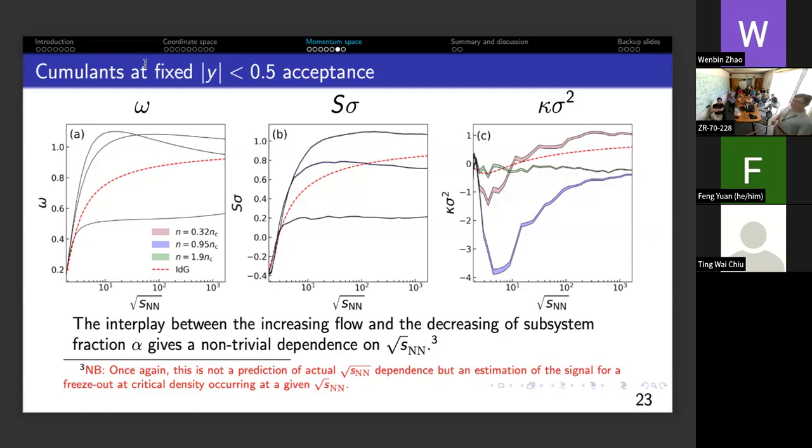However, it's interesting that the red line, the ideal gas, already shows this small gap. So it seems that interaction increases the effect which is already there, which is just the behavior of kurtosis with the changing of alpha with increasing energy.